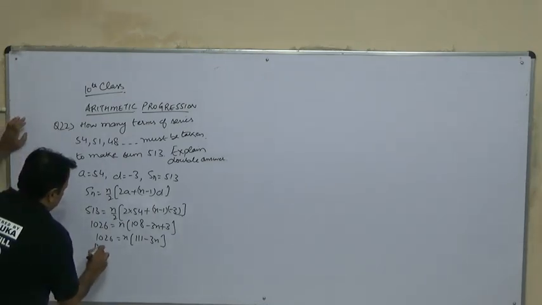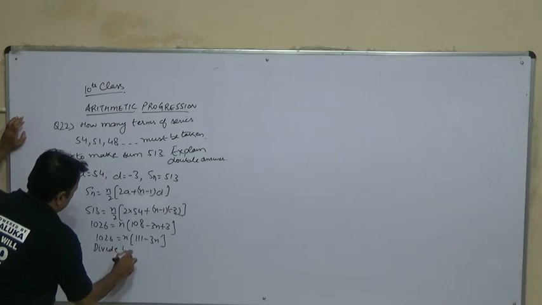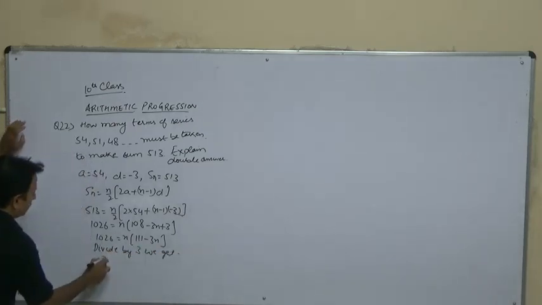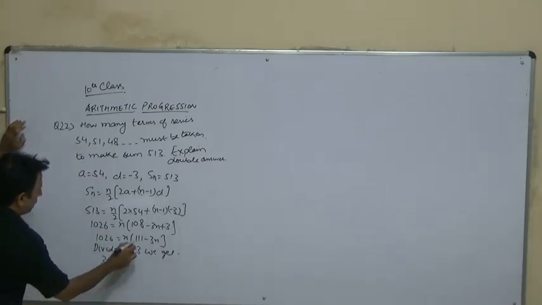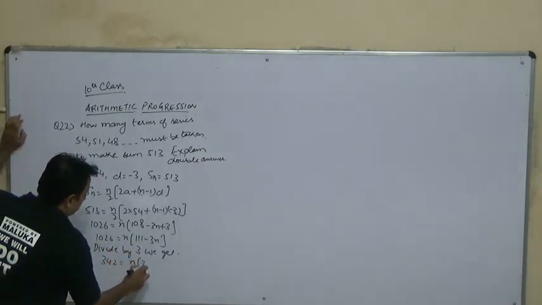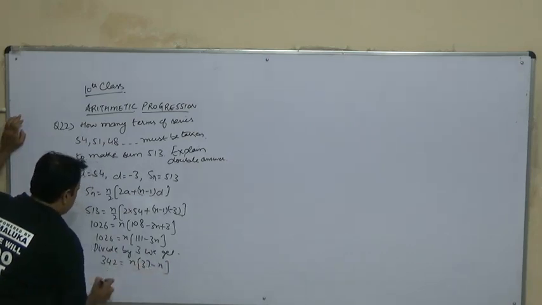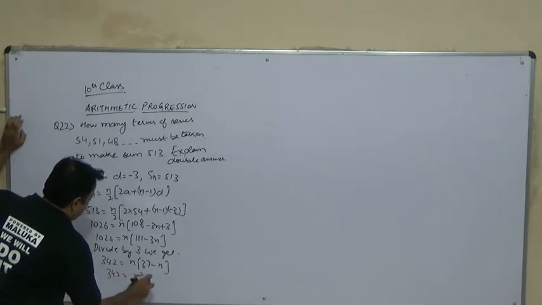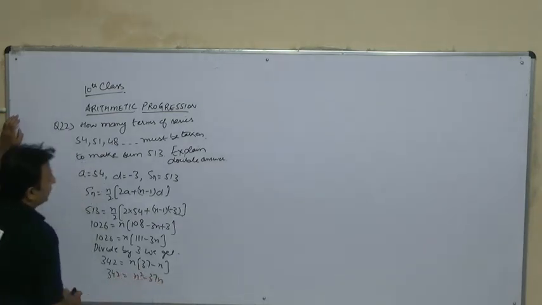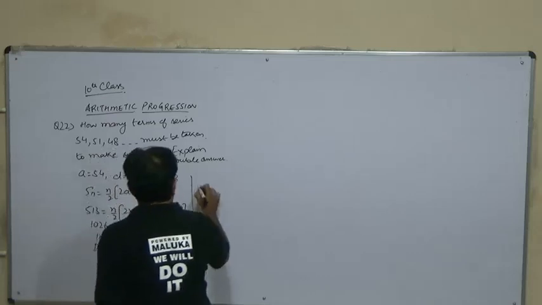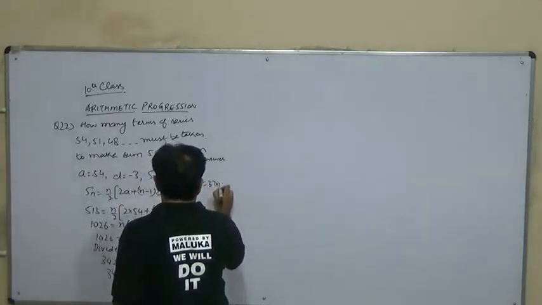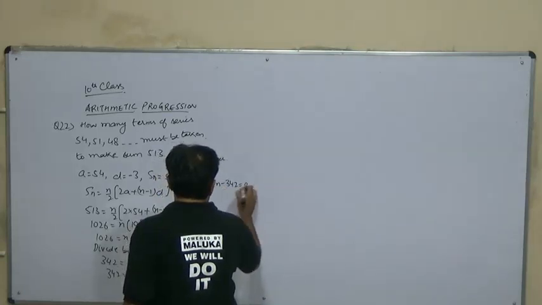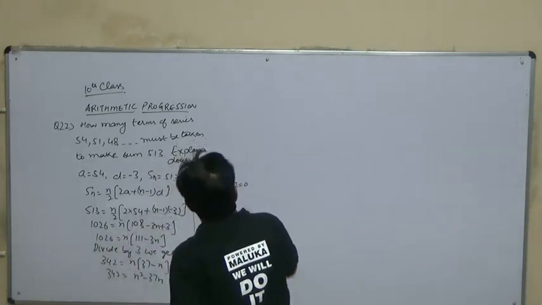Divide by 3, we get 342 is equal to n into 37 minus n, which is 342 is equal to 37n minus n square, or we can say that n square minus 37n plus 342 is equal to 0.